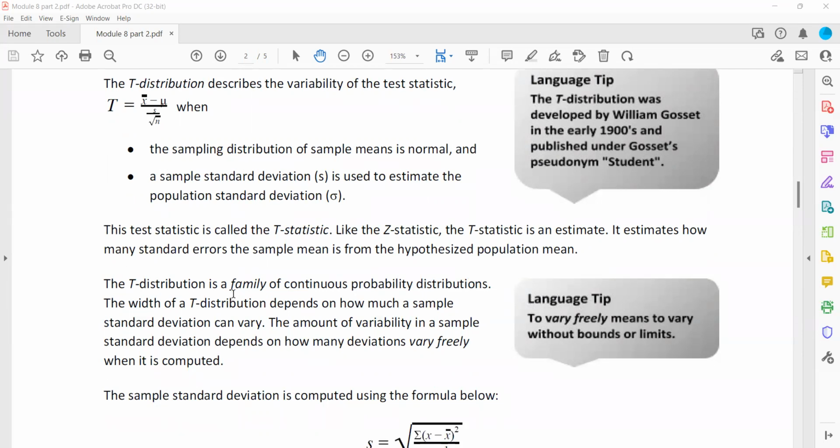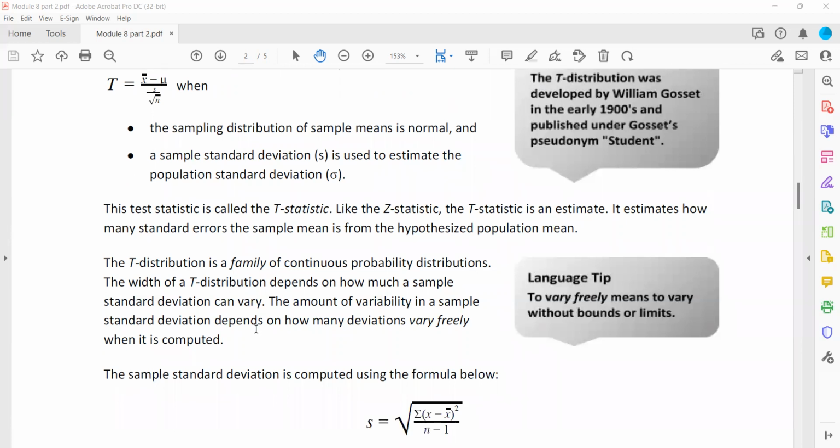The T distribution is a family of continuous probability distributions. The width of a T distribution depends on how much a sample standard deviation can vary. The amount of variability in a sample standard deviation depends on how many deviations vary freely when it is computed.